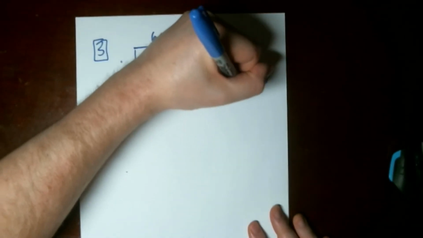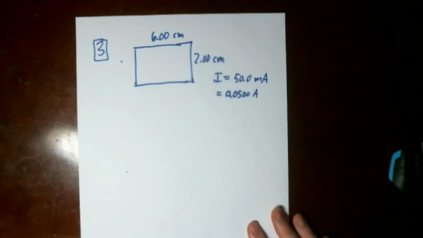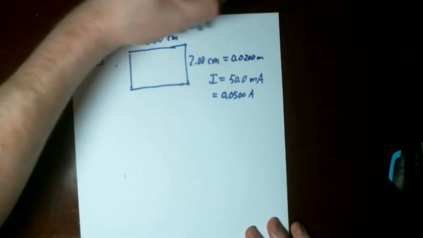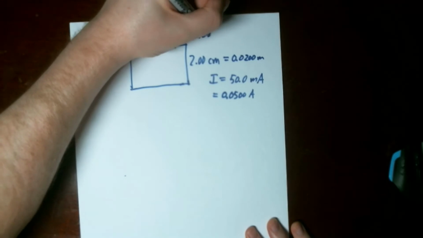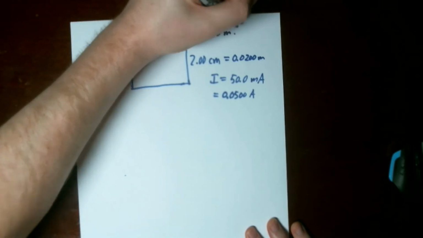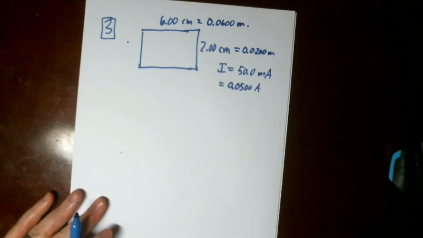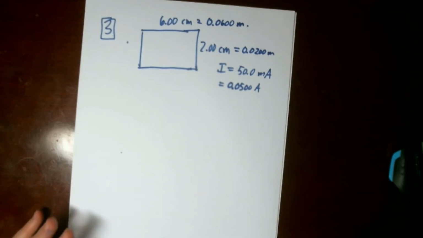That's going to be 0.0500 amps. This is going to be 0.0200 meters, and this is going to be 0.0600 meters. All right. So, if the coil has 200 loops of wire, what is its magnetic moment?